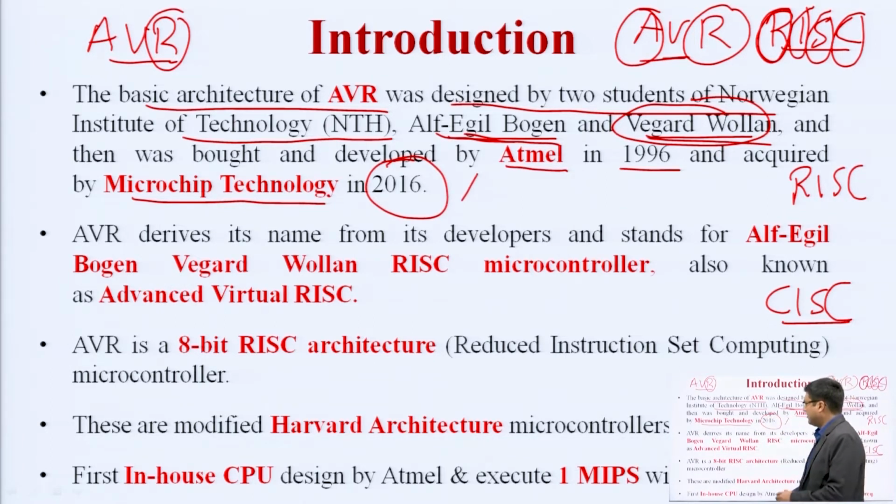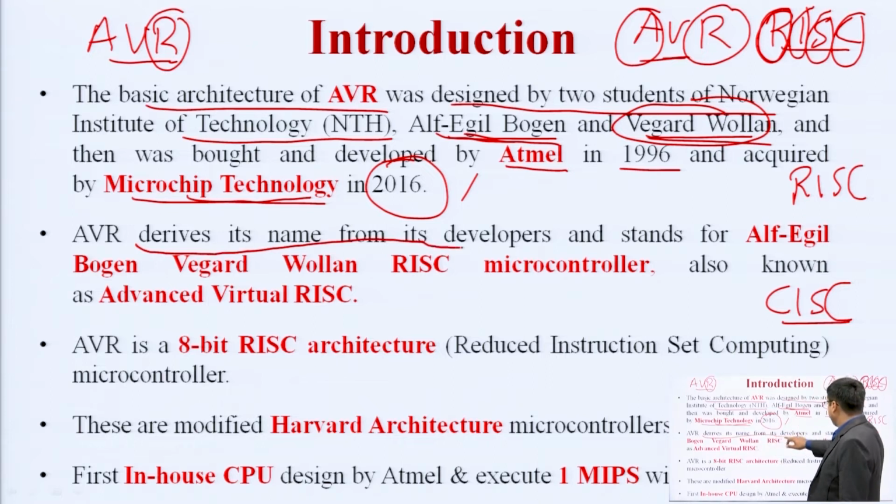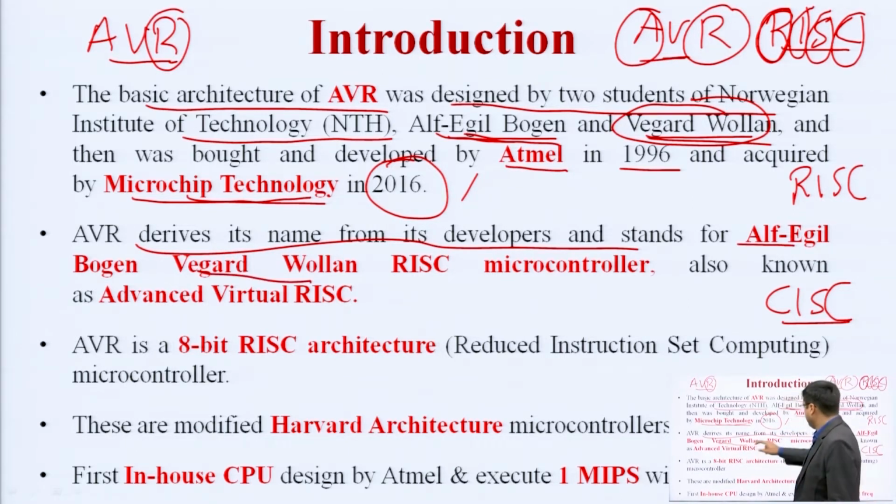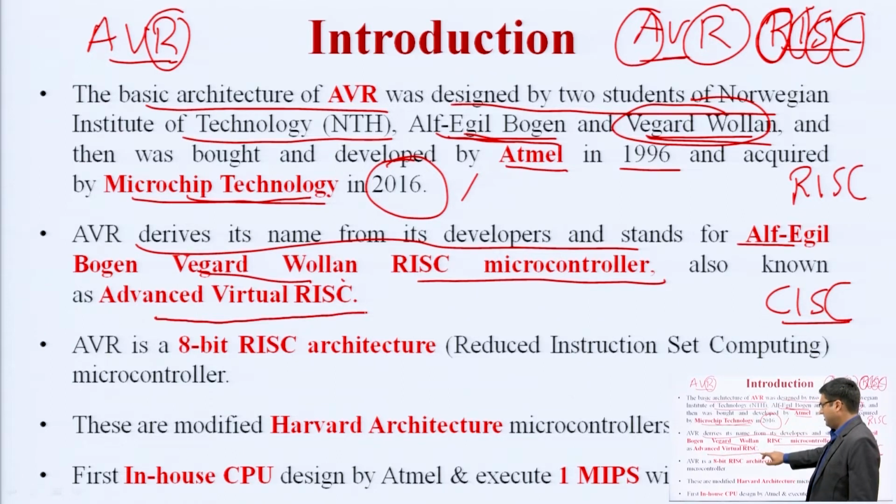The manufacturing of AVR has been by Microchip since 2016. AVR derives its name, as we have already discussed, from Alf Egil Bogen and Vegard Wollan. It is a RISC microcontroller, also known as advanced virtual RISC. Basically, it is an 8-bit RISC architecture.